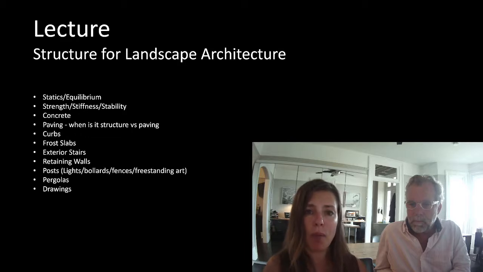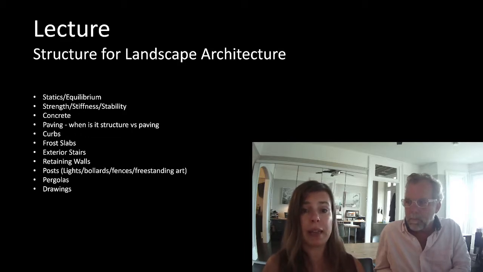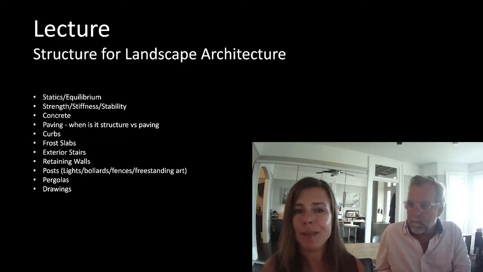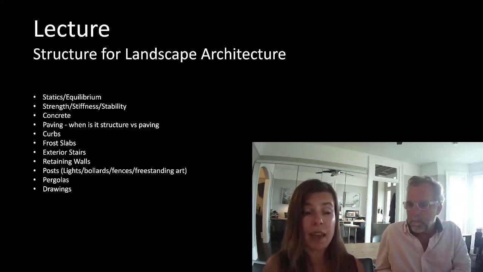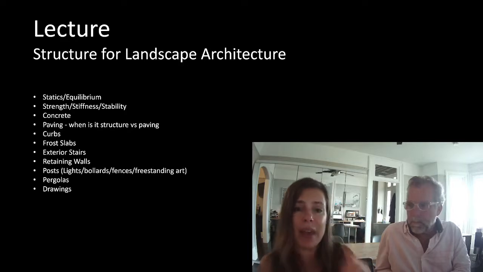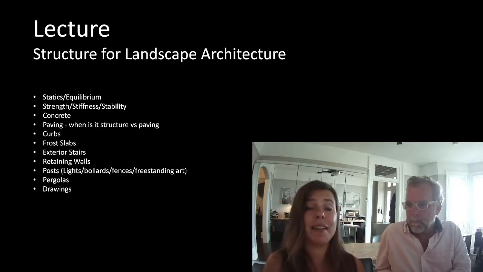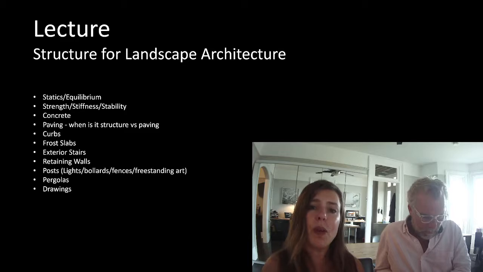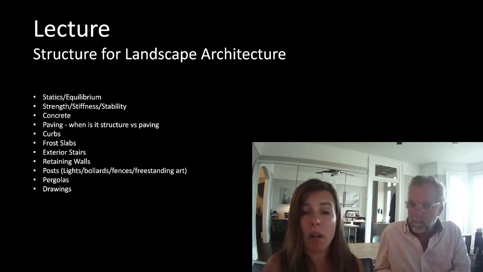But your big problem is that a lot of what you're doing that is structure is underground. So you don't have that tactile experience of knowing what it looks like. If you went into a 50-story steel building and saw a column that was just this big, you would know that that seemed kind of tiny. But a footing for a retaining wall isn't something that you have a real sense of because you don't see it.